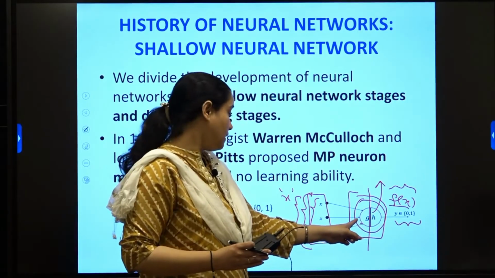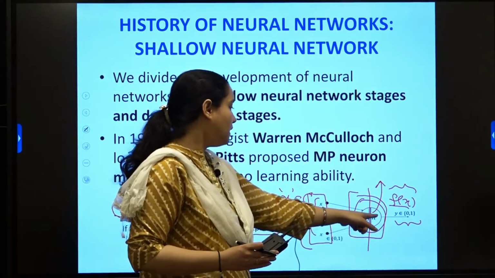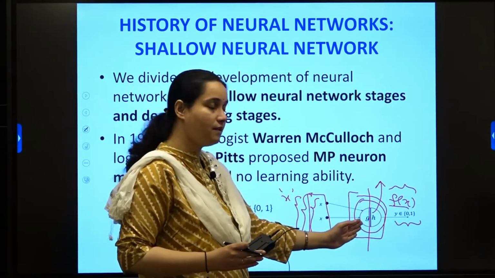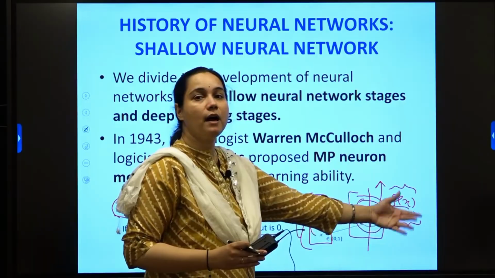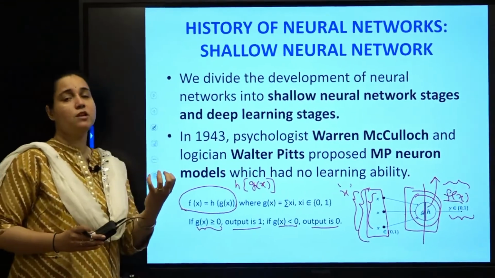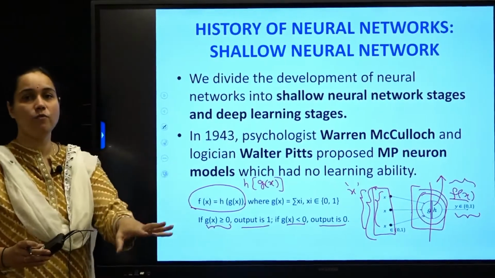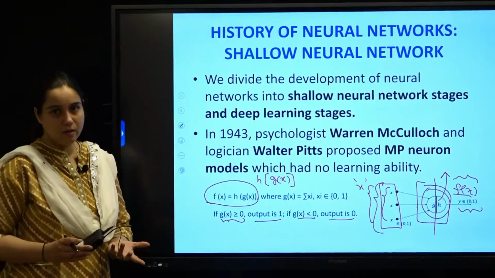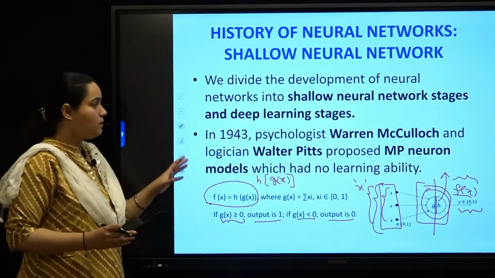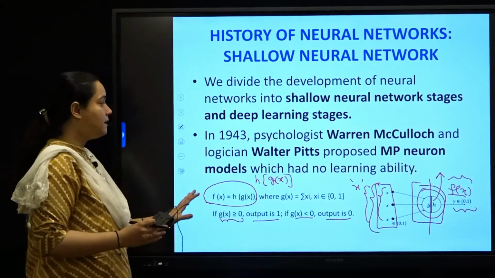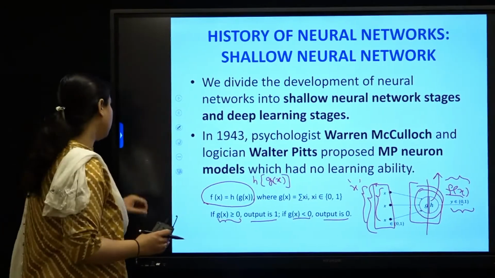If g of x is less than 0, then the output y is 0. If it is greater than 0, then the output is 1. So it is just giving you a summation result and then an output as a 0 or a 1. There was no proper learning inside this model, although it was a stepping stone into shallow neural networks. The limitation was it had no learning ability.